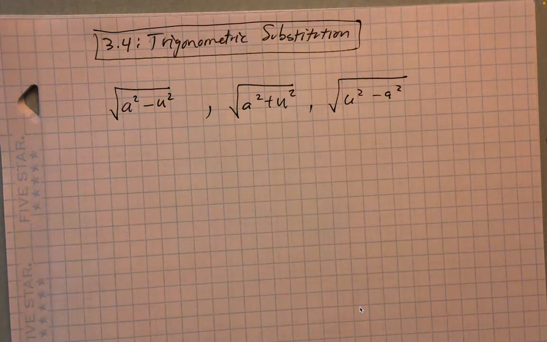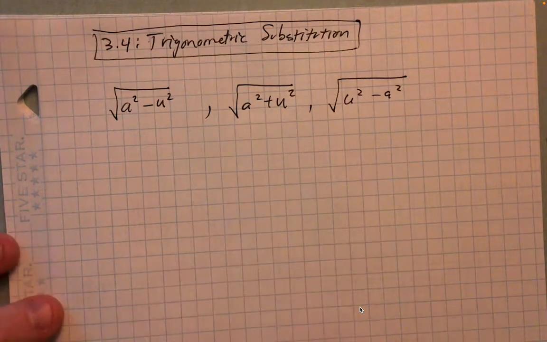So we've certainly seen things of this form in the past, and they've been inverse trig function derivatives, things like that. These have come up. So what we're going to be interested in doing here is using basically Pythagorean identities.